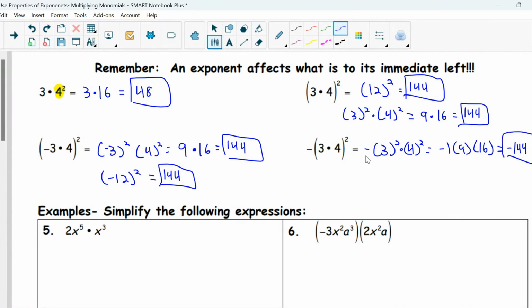Or you could do this all at once. Negative 1 times 12 squared, which would also equal negative 144. So this top section here is just a quick review of how exponents work when working with constants.